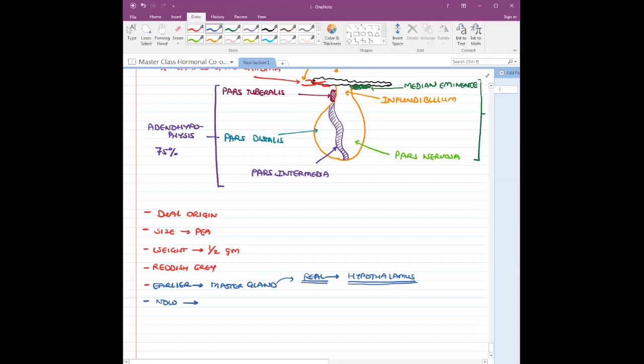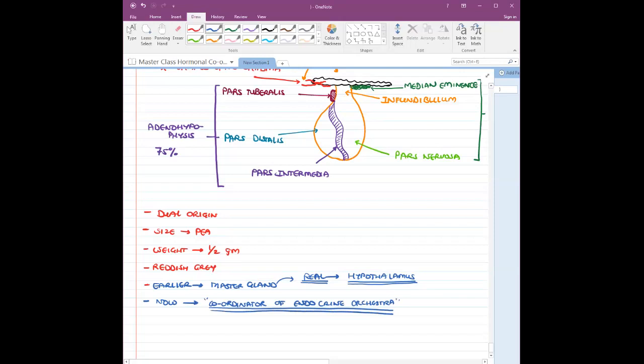So what do we call the pituitary today? Today we call it the coordinator of the endocrine orchestra. Keep this in mind, guys, very, very important from your NEET point of view.